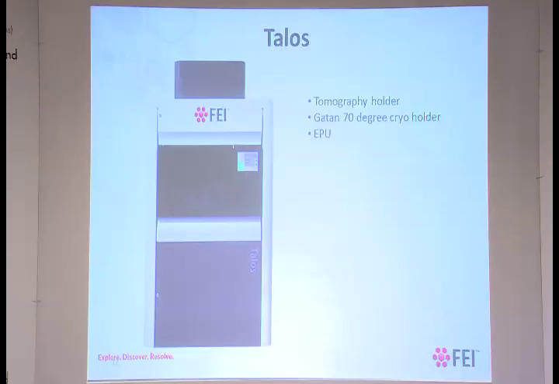So, for example, you can use EPU on here and TOMO4. You can have a Ceta camera, which is quite a good camera as well. So it's kind of a CMOS with a scintillator, but it's still a very fast and good camera.